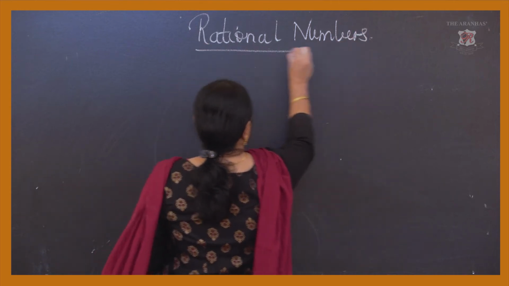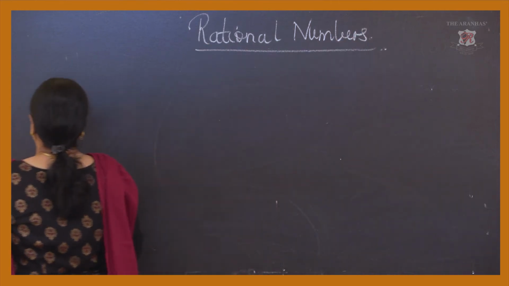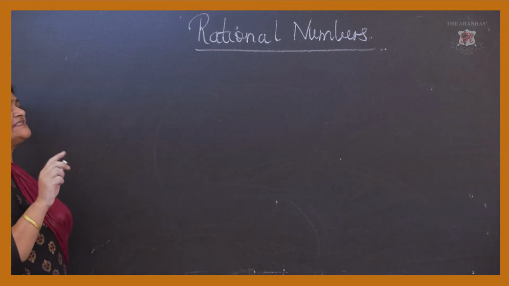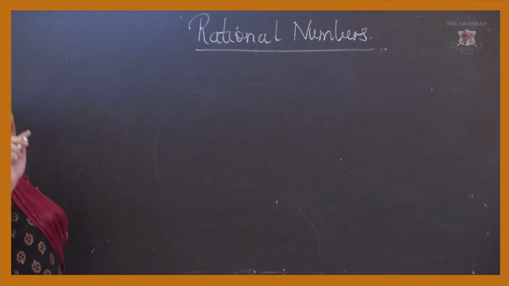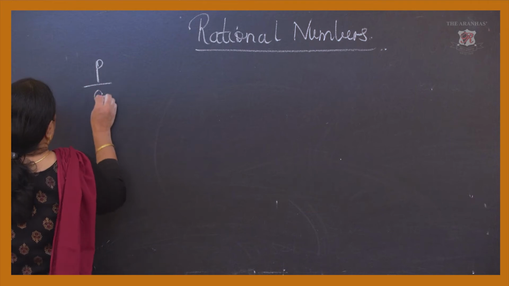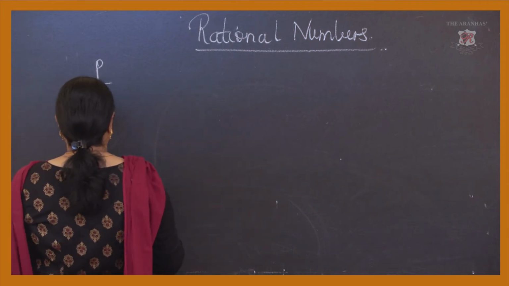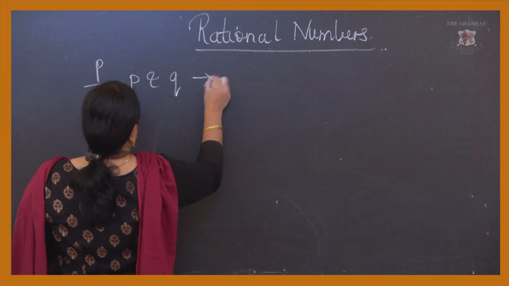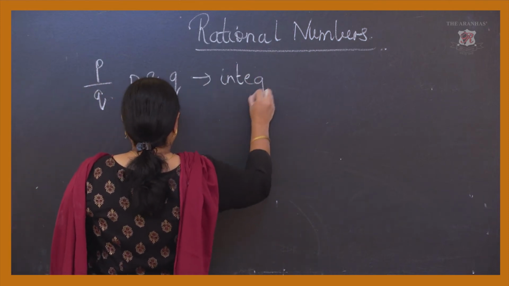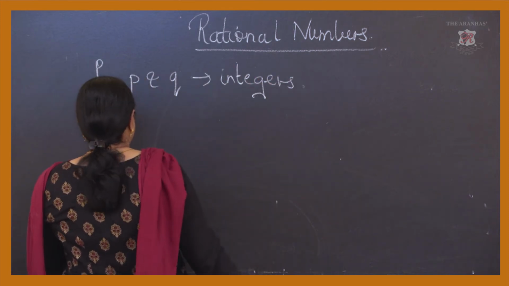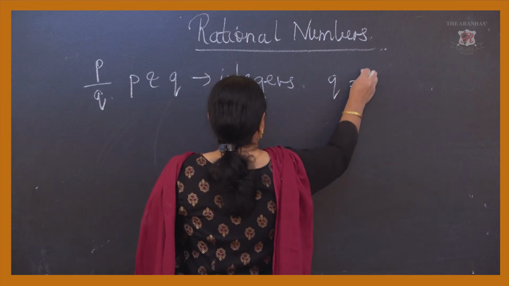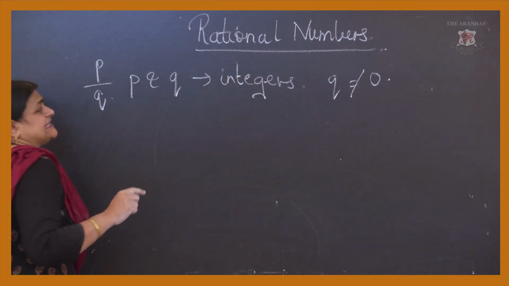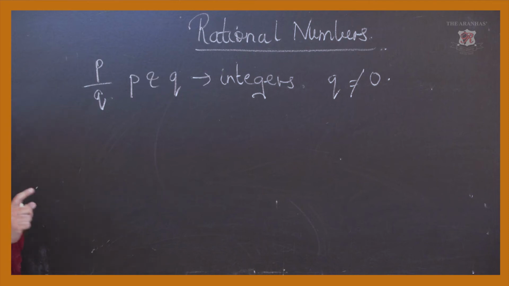Now, under the rational numbers, we are taking any number which can be expressed in the form of p upon q. Any number which is expressed in the form of p upon q, where p and q are integers, and q is not equal to 0, is called a rational number.